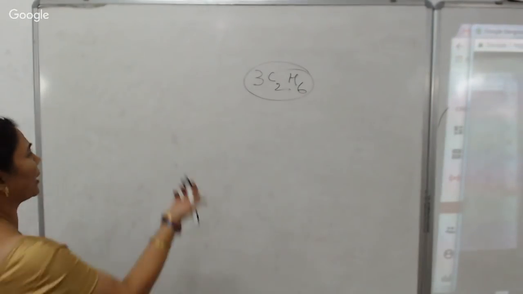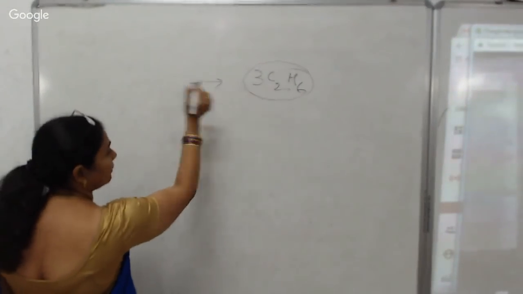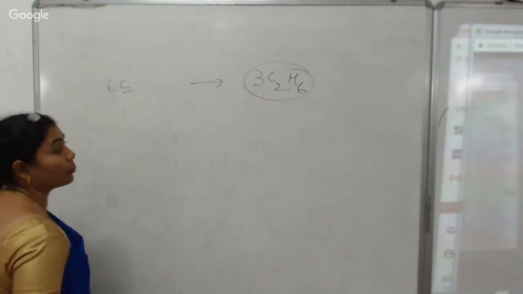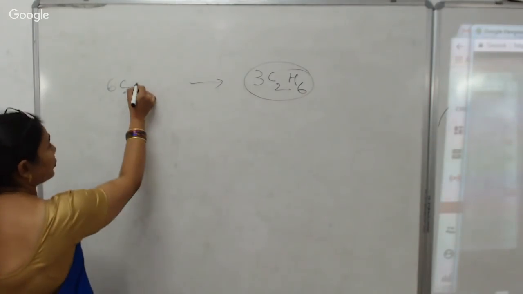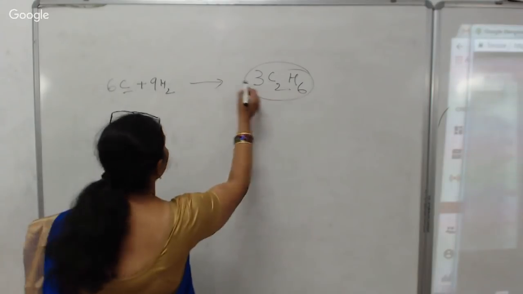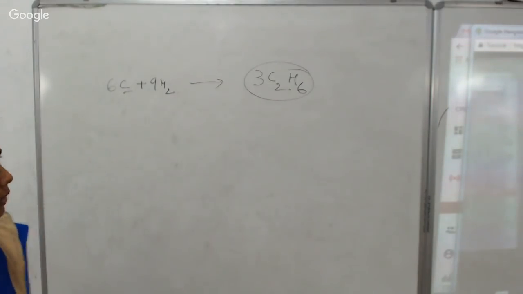This is a final product. Otherwise, if you want, you can even write the reactants. It is how many? 6 carbon atoms, because carbon is monoatomic, right? And hydrogen is diatomic. So you have to take 9 H2, meaning here also 18. Okay.